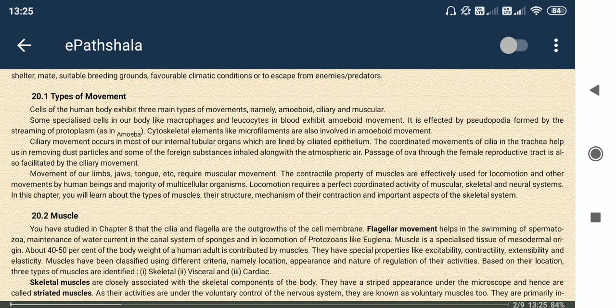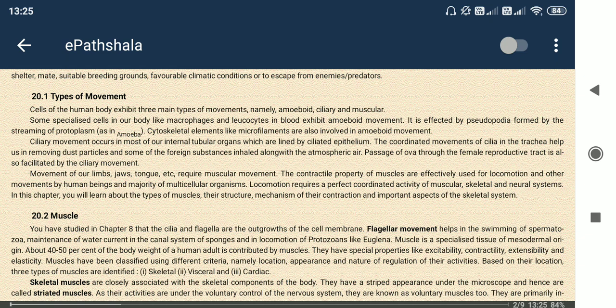You can see the muscle may be of three types. The muscle is a type of tissue system where the cells act as a unit for contraction and relaxation.